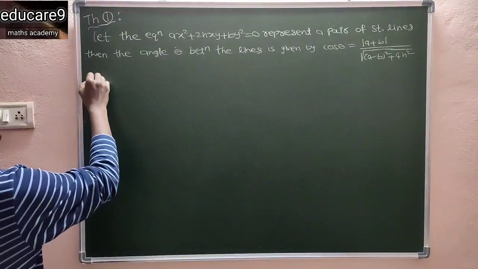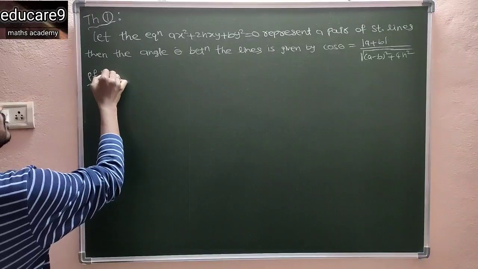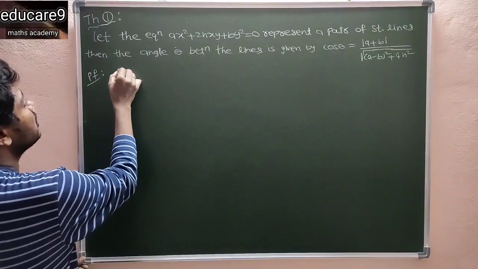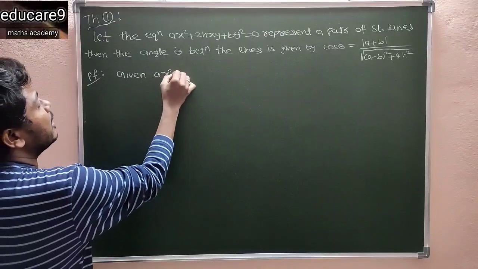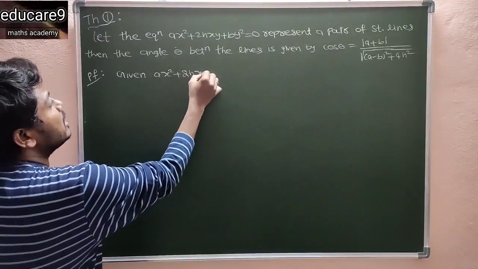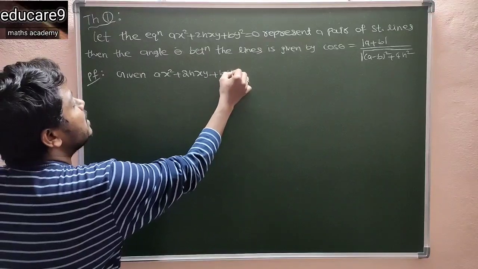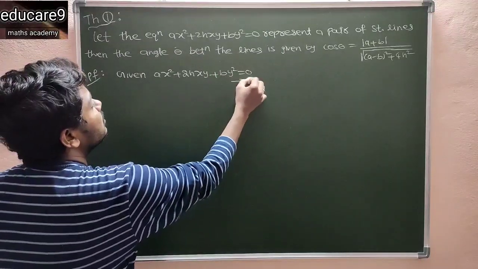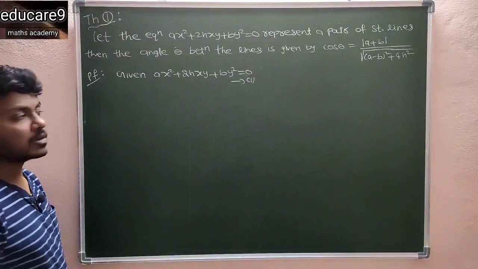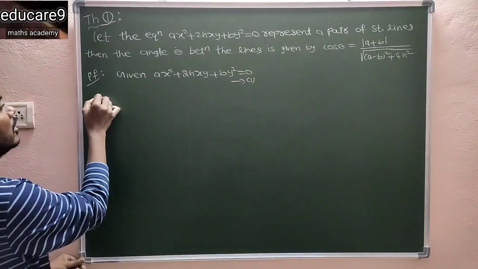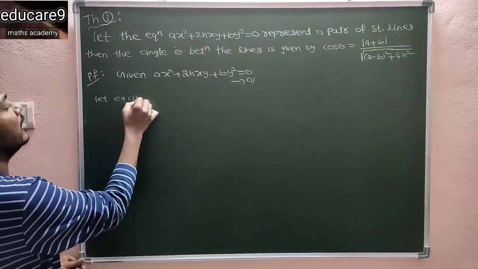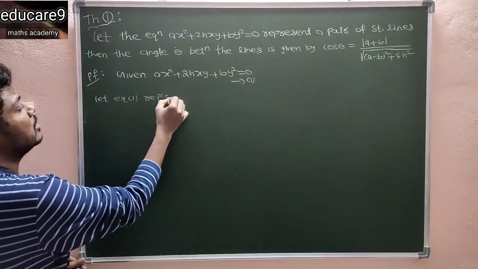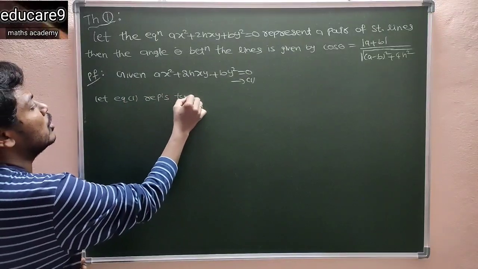So see the proof. Given ax square plus 2hxy plus by square equals 0. This is equation 1. Therefore, let equation 1 represent two lines.